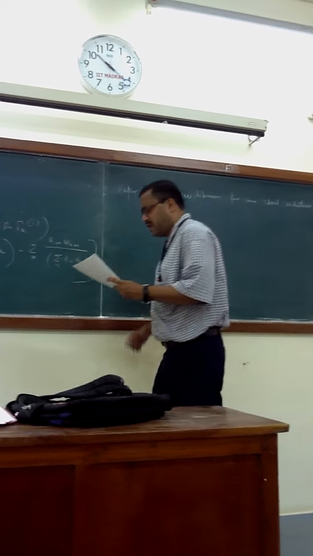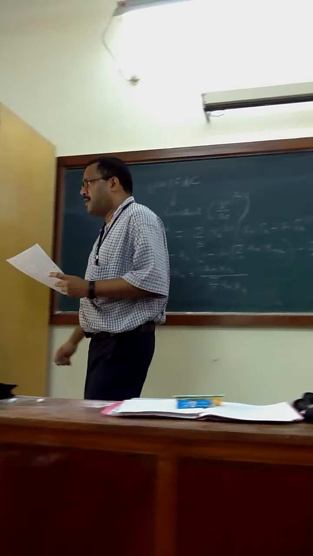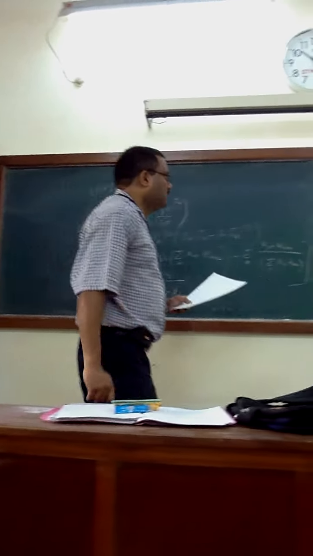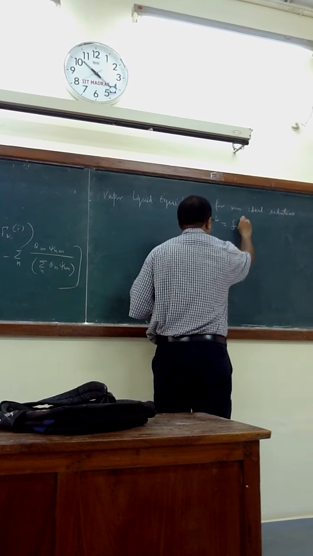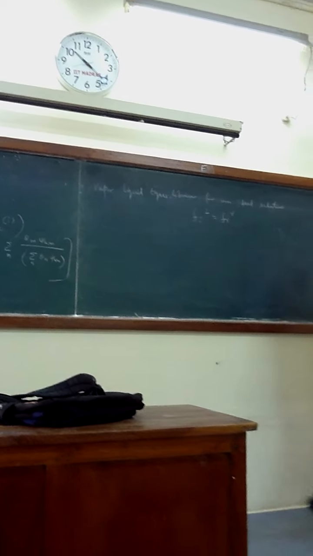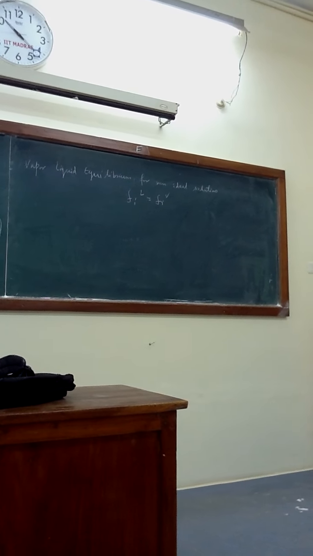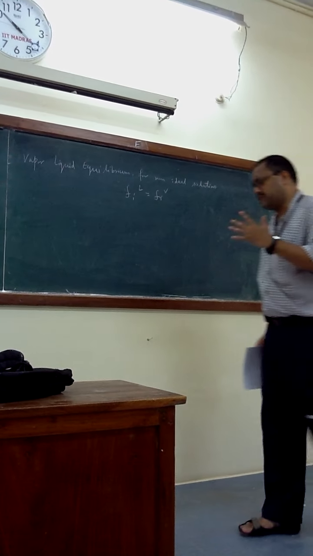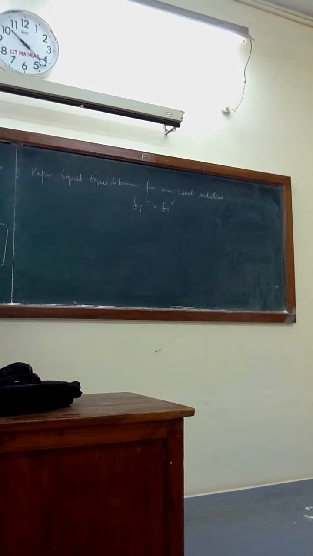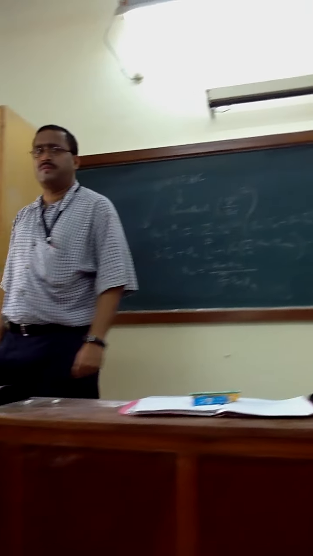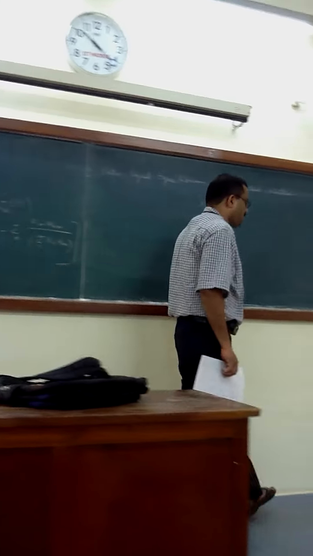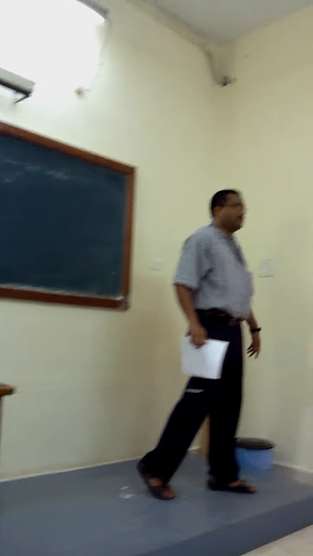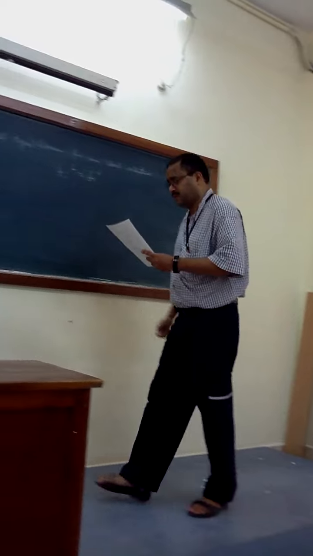Vapor-liquid equilibrium we have seen earlier. Our basic equation is f_i^L equals f_i^V. Temperature and pressure are constant. Ideally speaking, you have to write independent algebraic equations consistent with the degrees of freedom. Since temperature and pressure are constant, you can have only the equation from f_i^L equals f_i^V, which comes from the chemical potential equality.